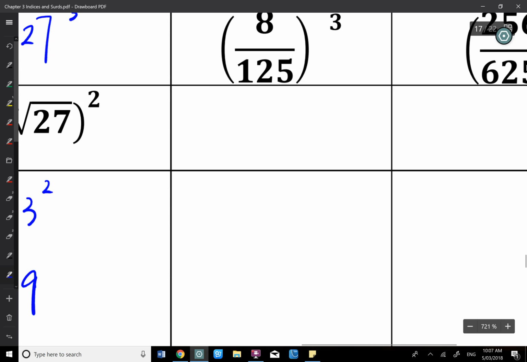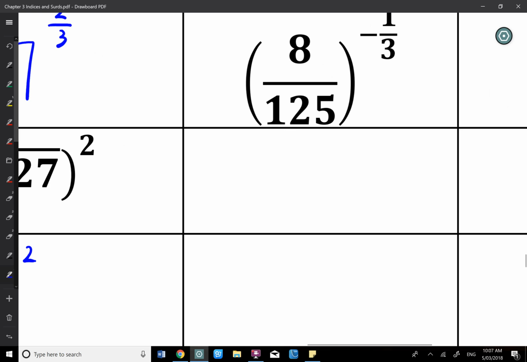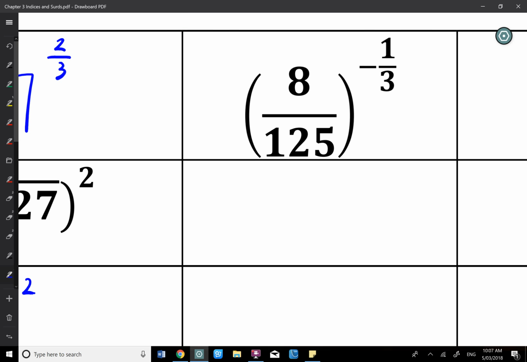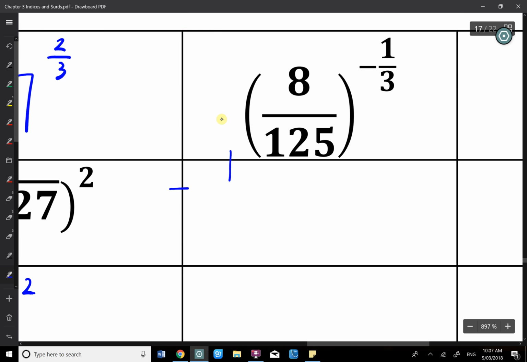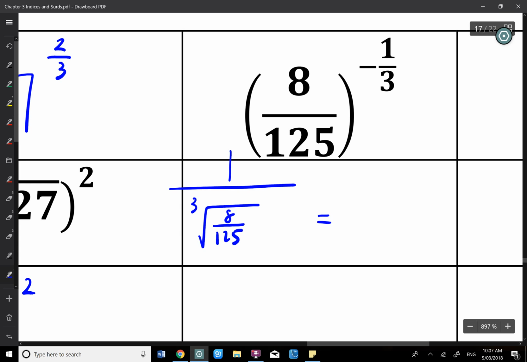Okay, this one is very interesting. If I want to expand it the normal way, I would say that's 1 over the cube root of 8 over 125. That's a fraction over a fraction. But this can be turned into 125 over 8 with the root.